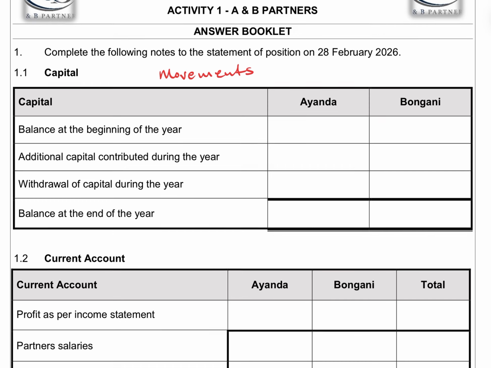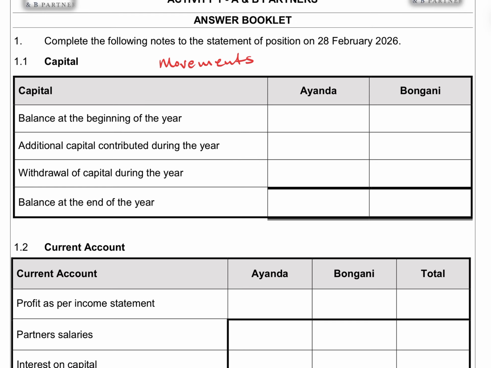So it contains the balance at the beginning, additional capital contributed during the year, withdrawal of capital during the year, as well as the balance at the end of the year. So we need to complete this note for both Ayanda and Bongani.